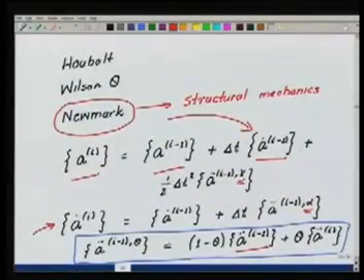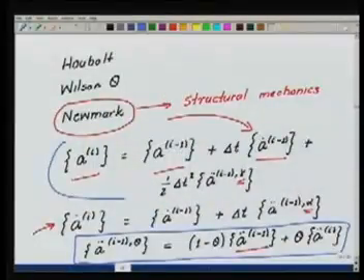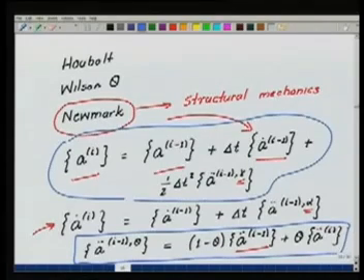Now if I want to do the implementation, I will take this formula, expand it out, and put it back in the semi-discrete form. I get the system of equations which will be used to get A I in terms of what is known from the previous time step.